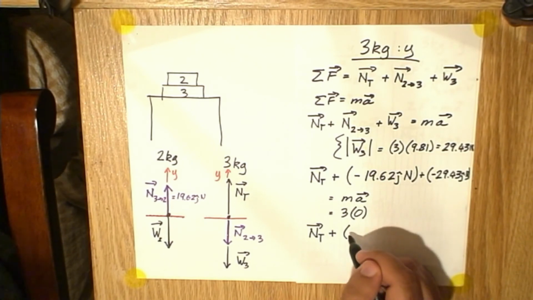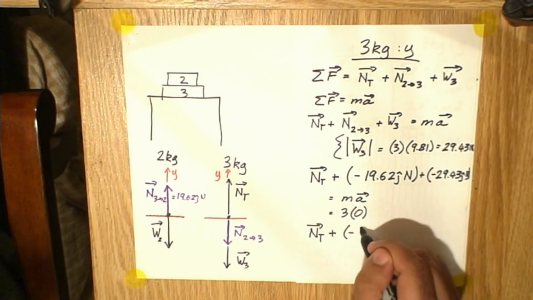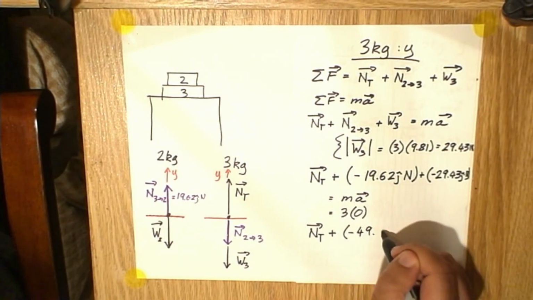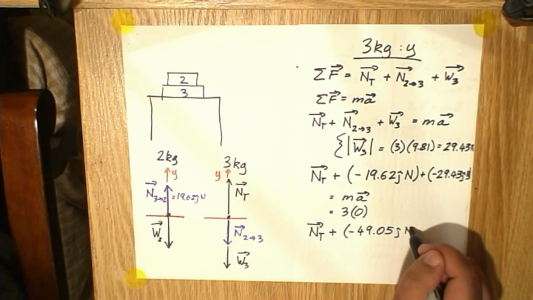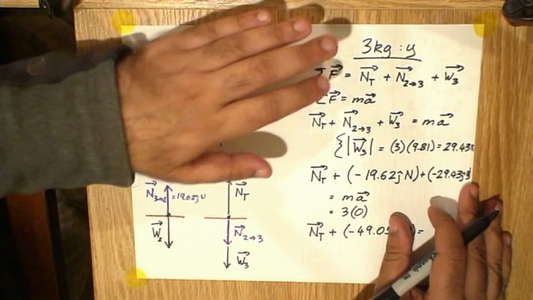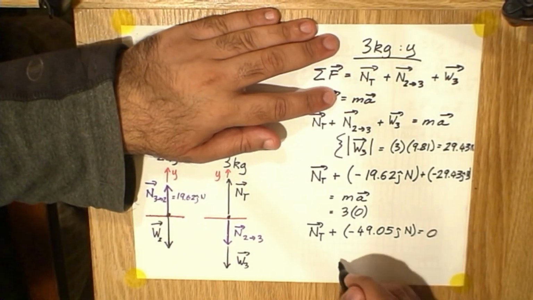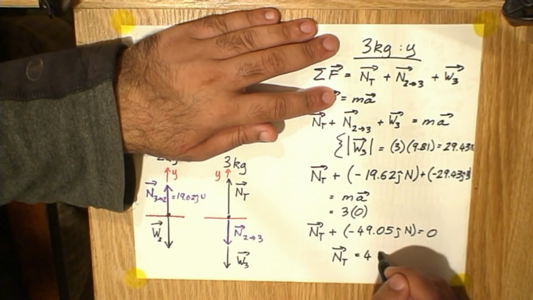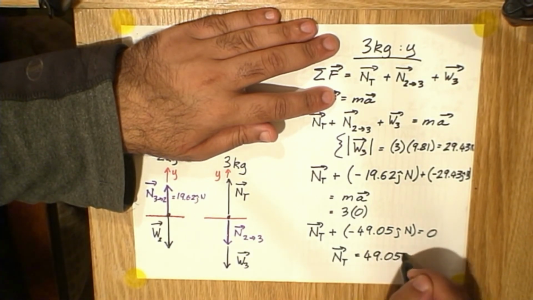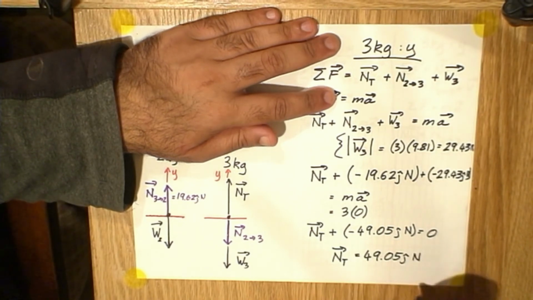That's going to come to negative 49.05 j hat newtons is equal to 3 times 0, which is 0. So the normal force from the table is equal to 49.05 j hat newtons.